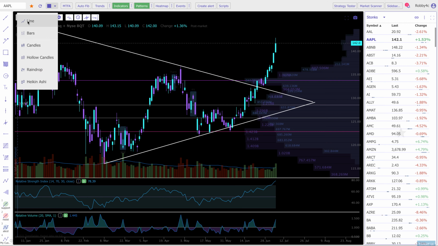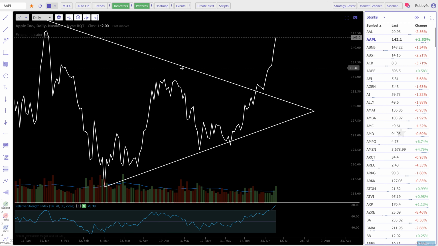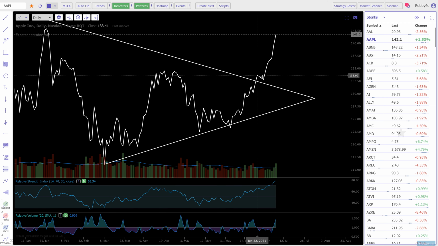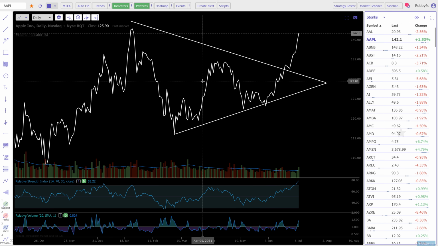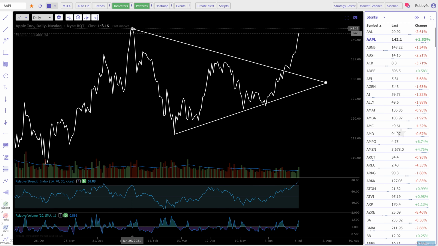And then if I swap over to lines, it's not as clear a retest. The pattern itself isn't really that clear because it's not connected to a wick up here. It's not touching a wick over here. This looks like I just randomly drew a line, which is definitely not the case.